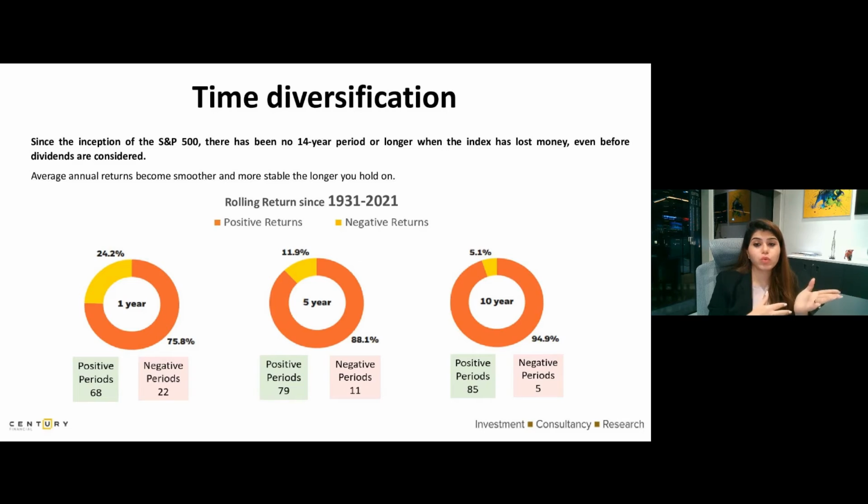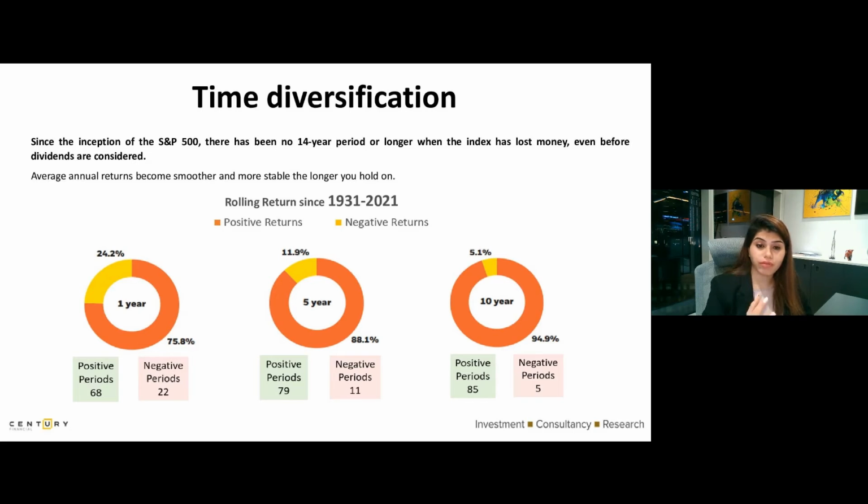In fact, if I were to see for any 10-year period also, 95% of the times you would have made money. There's only a 5% chance that if you invested at a particular time, you would have lost money in SPX 500 if you were holding for 10 years. Obviously, if you average further at the bottom, the chances of that loss also reduce drastically.